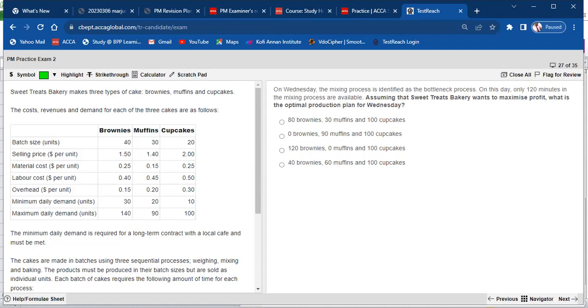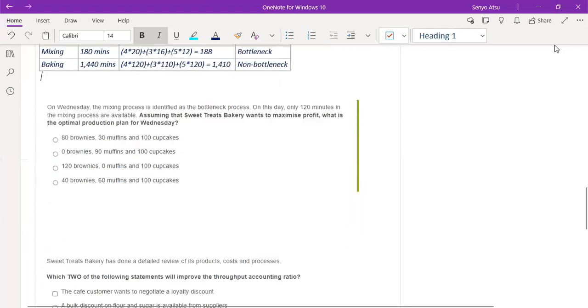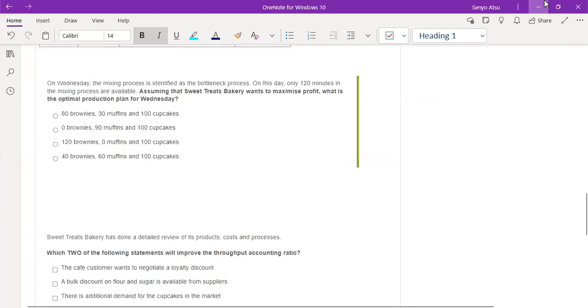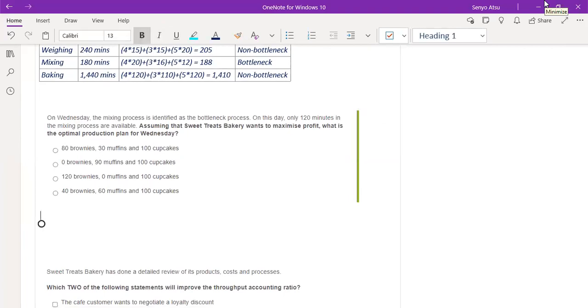Let's remind ourselves, revision point. What do you do to get the optimal production plan? Sometimes they say optimum. Sometimes it's optimal. All is correct.